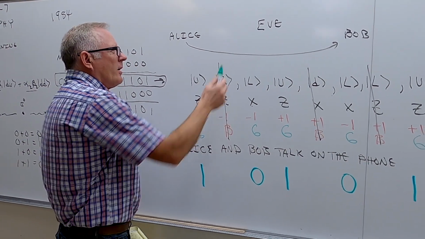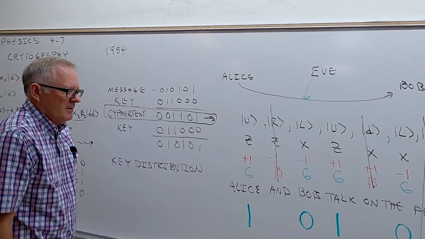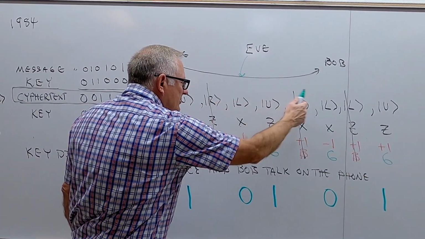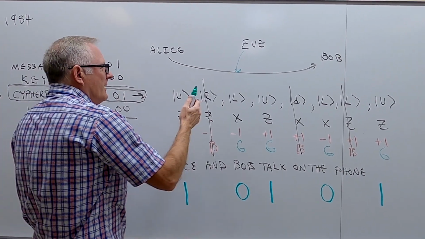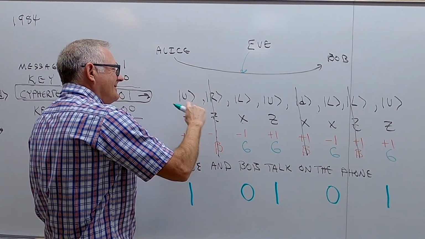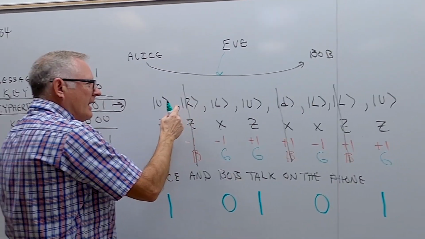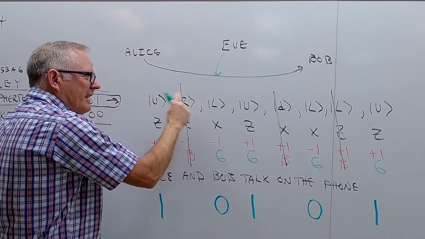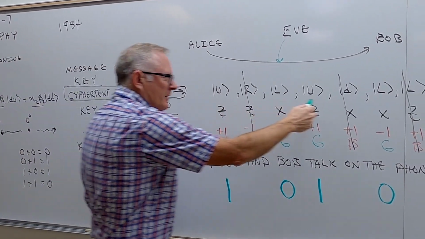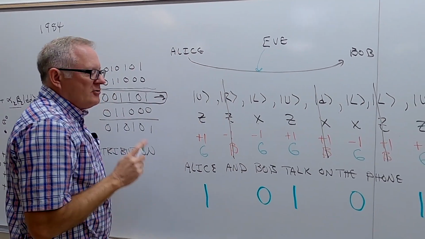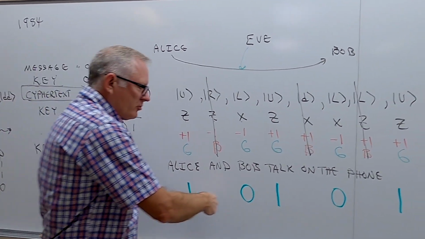Now, if Eve tried to intercept this message right here and tried to measure them on her own, she would mess them up, because if she tried to measure, say, one of the states along the X and it was really something like an up, she would mess up the state. So her making the measurement would affect this. And so now what Alice and Bob are going to do is they have a whole string of bits right here.